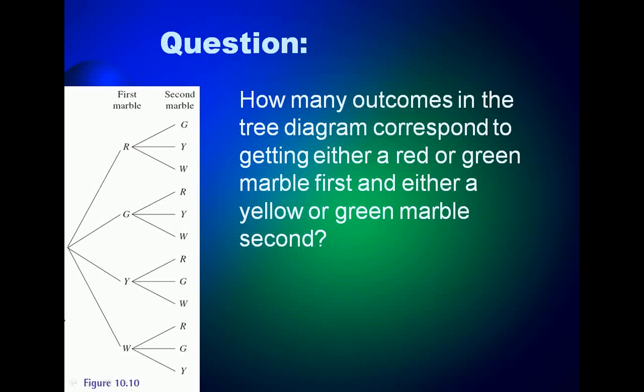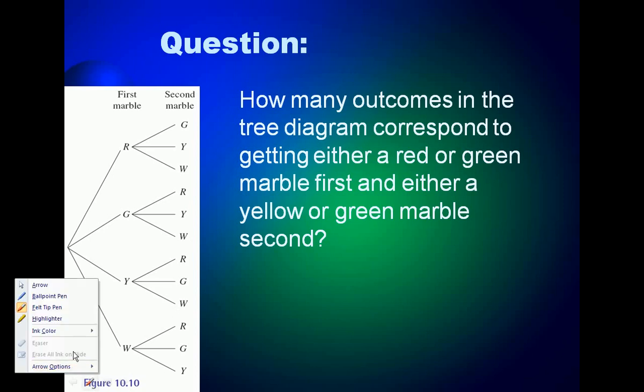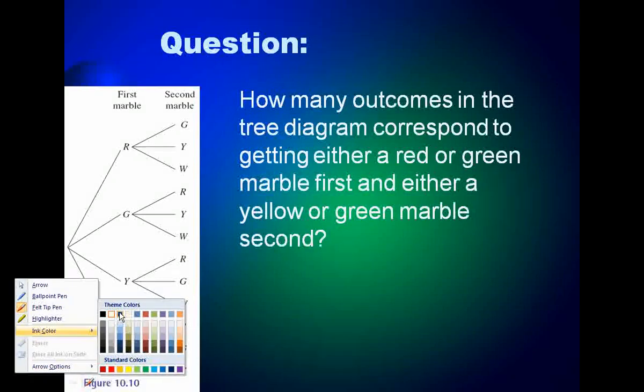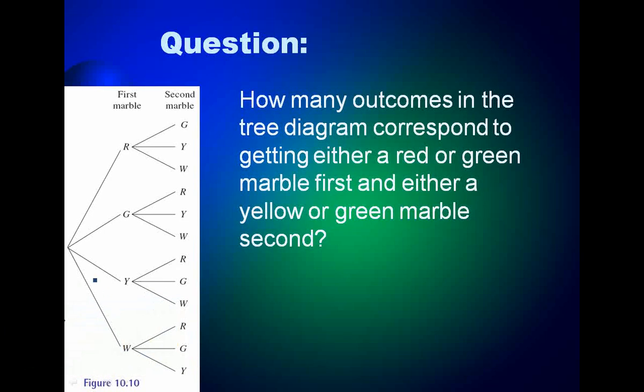So how many outcomes in the tree diagram correspond to getting either a red or a green marble first and either a yellow or a green marble second? So we're going to start with red or green marble first. Let me change my color. So red or green marble first, meaning I don't need to look at this part of the tree.